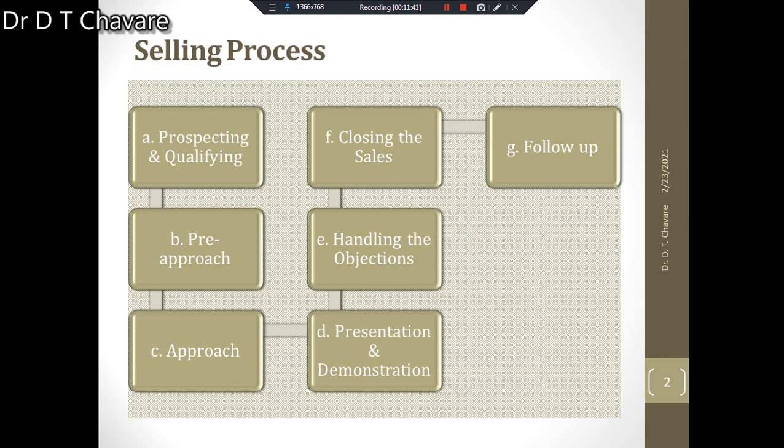Effective presentation depends upon the following aspects. Your presentation should be effective and converted into action.